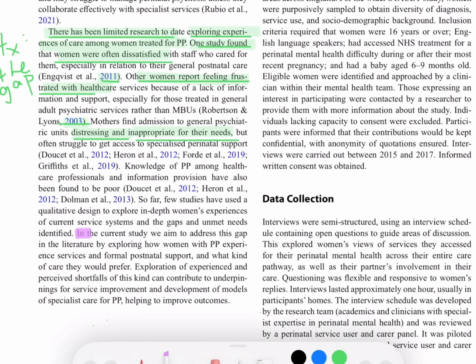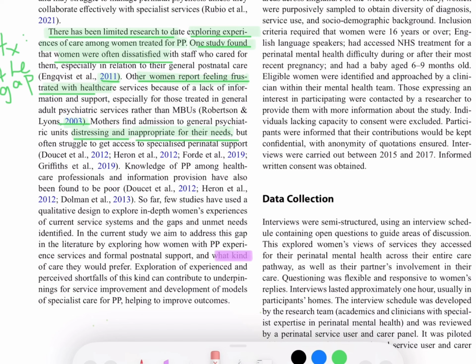Okay. In the current study, we aim to address this gap in the literature by exploring how women with PP experience services and support, and what kind of care they prefer. Okay? There we go. Stated clearly. Okay?